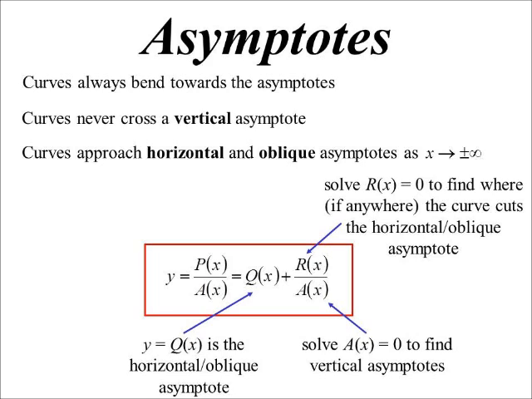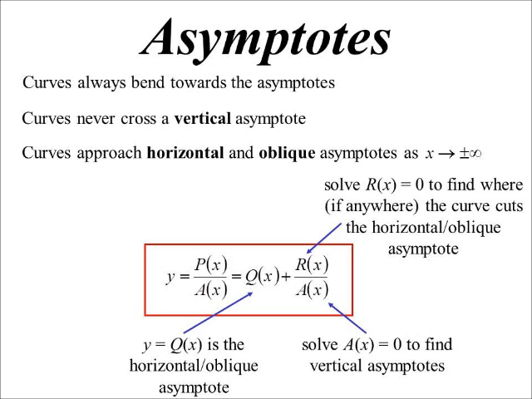So with our basic hyperbola, 1 on x, I'd look at the top of the fraction and ask, when can 1 equal 0? Well, it doesn't, so that one never cuts the horizontal asymptote. But people make the mistake of thinking that curves will never cut any horizontal or oblique asymptote, and it is possible. But that's how you tell. You look at the remainder, and if the remainder can equal 0, then that's where it will cut.